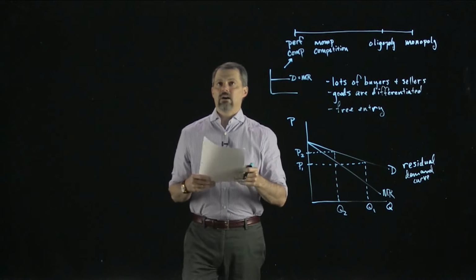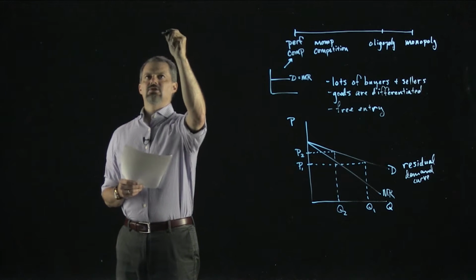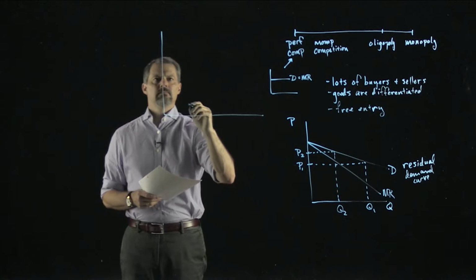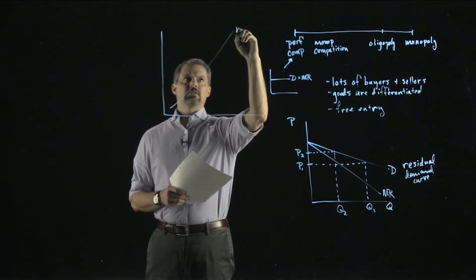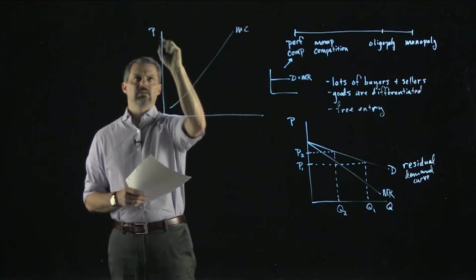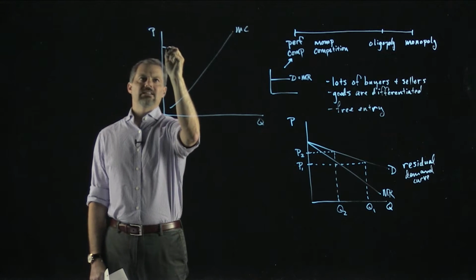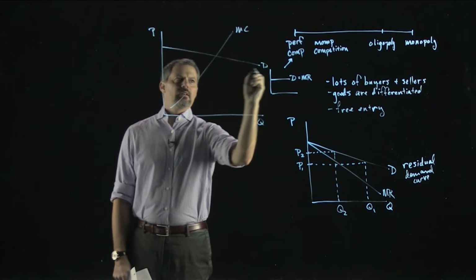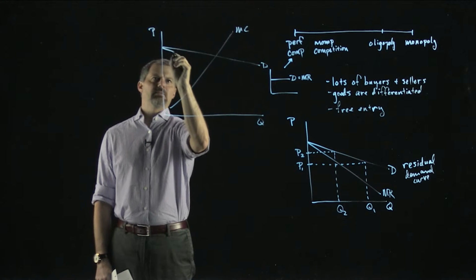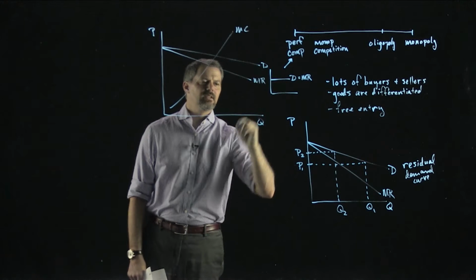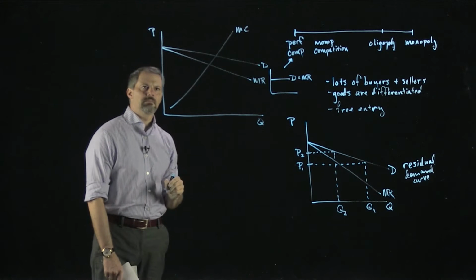If we think about profit maximization in the short run for a monopolistically competitive firm, let's put the marginal cost curve that the firm faces up here. They're going to face a very elastic demand curve. The marginal revenue curve has the same intercept and twice the slope. It's also going to be pretty elastic. There's our marginal revenue curve.